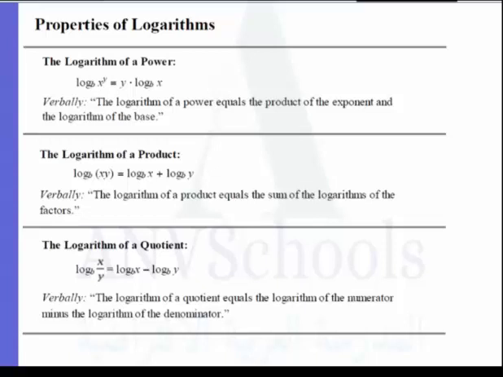Verbally, we could say that the logarithm of a power equals the product of the exponent and the logarithm of the base. So this is our exponent, times log base b of x, which is equal to the logarithm of the certain power.